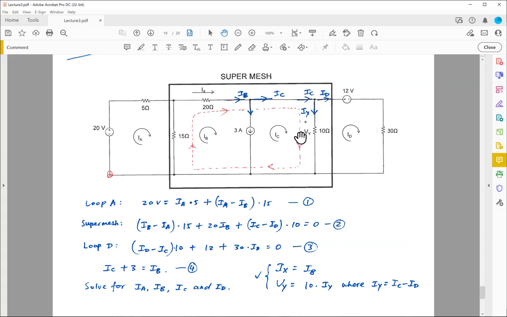So going down, I have this 10 ohm resistor shared between IC and ID loop. So this one I can do, right? Because I can take IC minus ID times 10. That's what I have over here. Then equal to 0, summation to 0, KVL. And of course, you're going to wonder what we are going to do with this one.